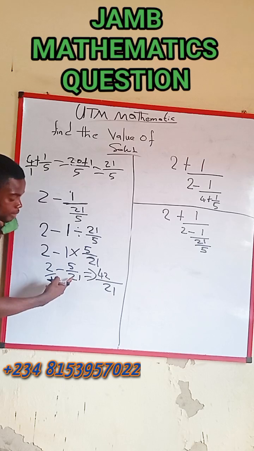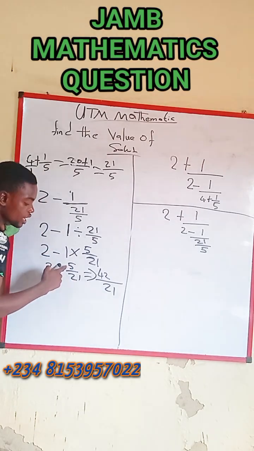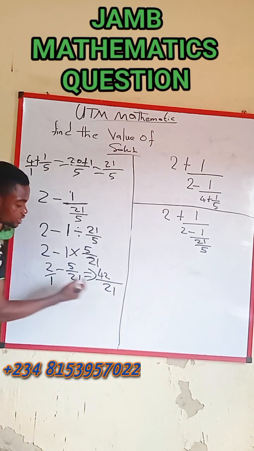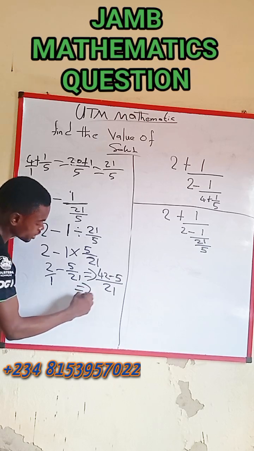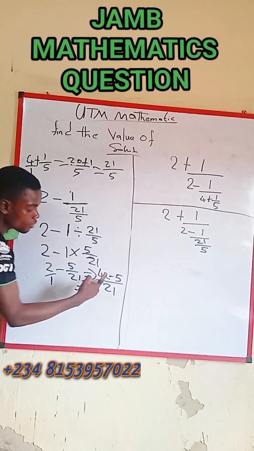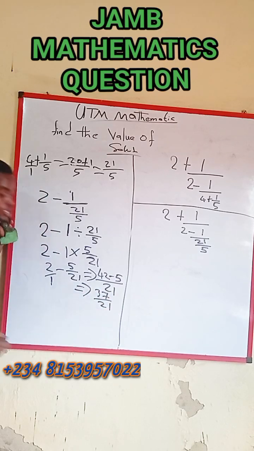Again, 21 divided by 21 is 1, and 1 multiplied by 5 gives us 5. We already have the negative here, so we have negative 5. Now 42 minus 5 will give us 37 over 21.